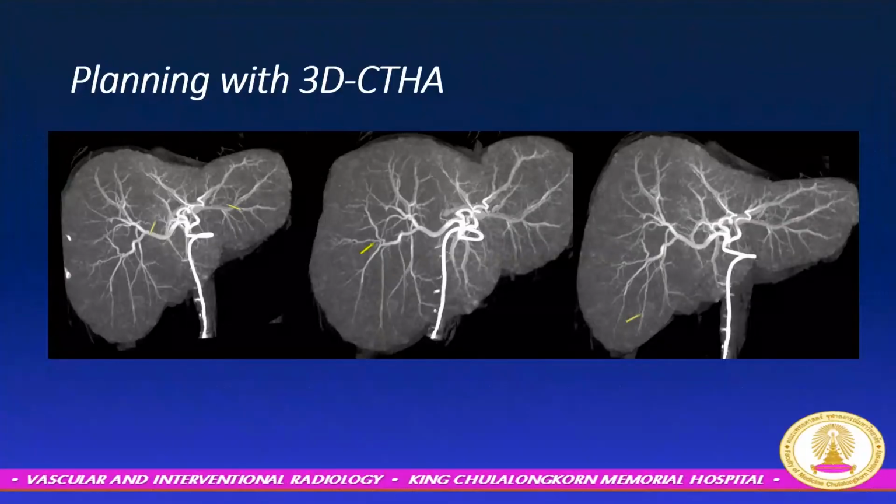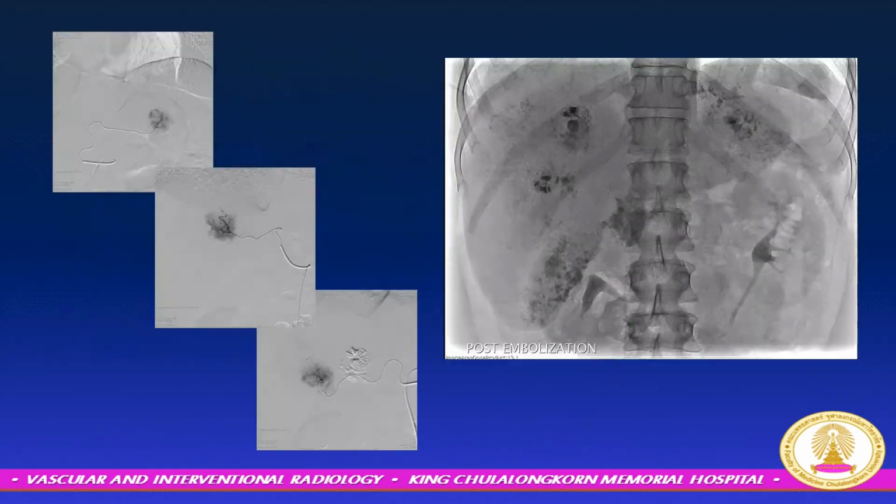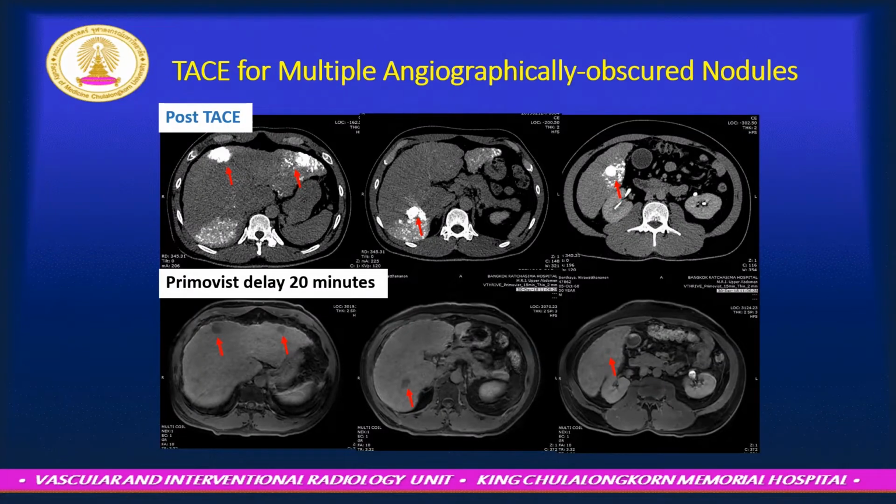Again, we can use CTHA compared with MRI Primovist to see where the tumors are. Then perform selective TACE to each feeding artery. You can see the results of precise embolization using the CTHA as image guidance.